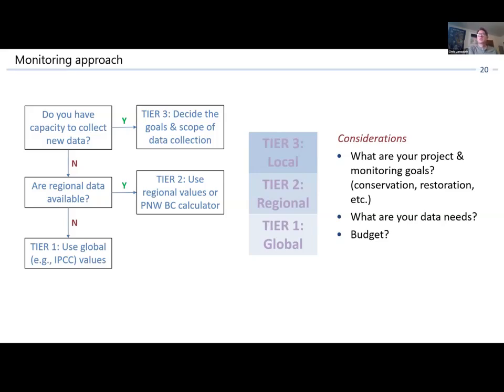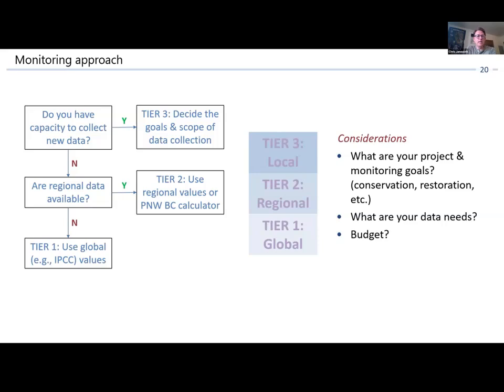And thankfully for the West Coast of North America, because of the work that our team's been doing and so many people on this call have been doing, we do have some good regional data for different areas. And if you're working in a region where the data are sparse, you can also default to global values.